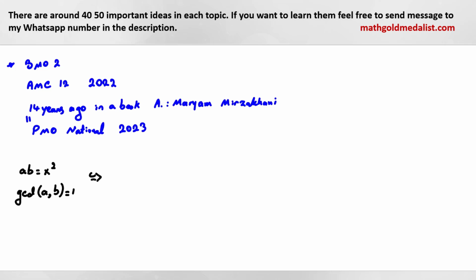Do a and b both have to be 1? For example, suppose ab is equal to 100 and a and b are relatively prime. Suppose a and b are positive integers.